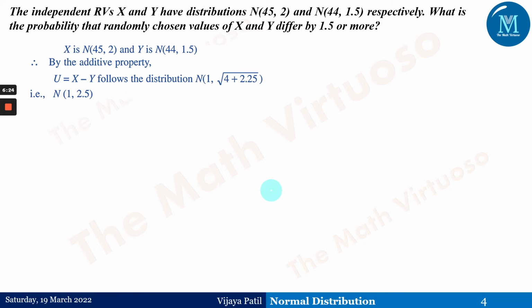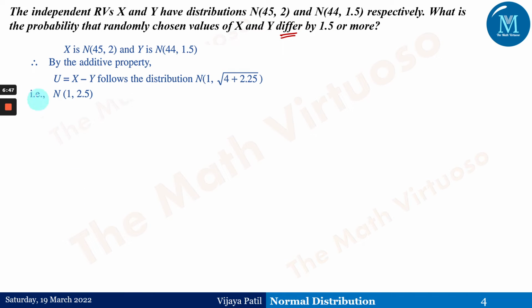Now again, x follows normal with 45, 2, and y follows 44, 1.5. So u is nothing but x minus y. Why are we going for u as x minus y? Read the statement: what is the probability that randomly chosen values of x and y differ? That means we have to write down the difference as the variable.